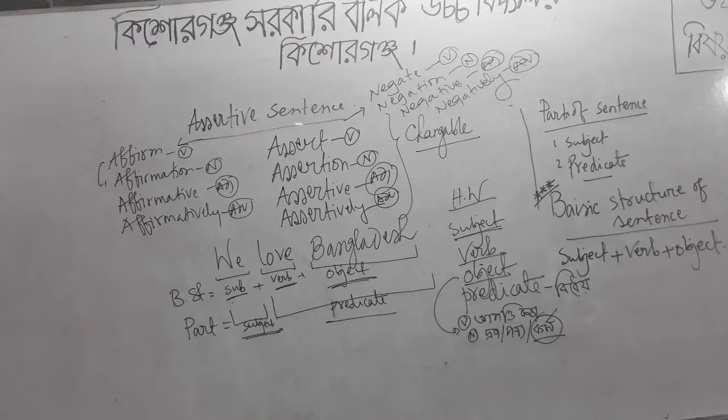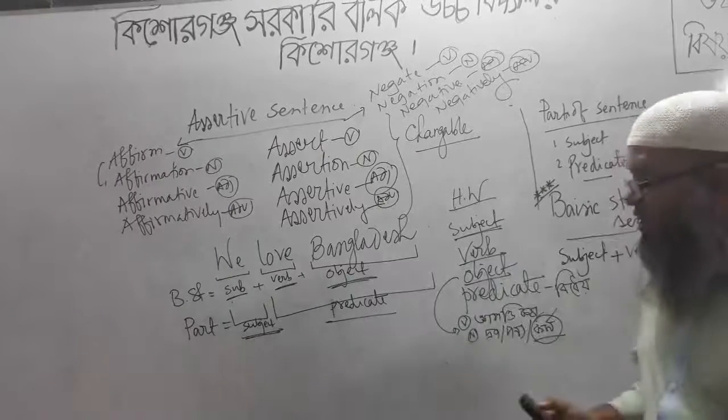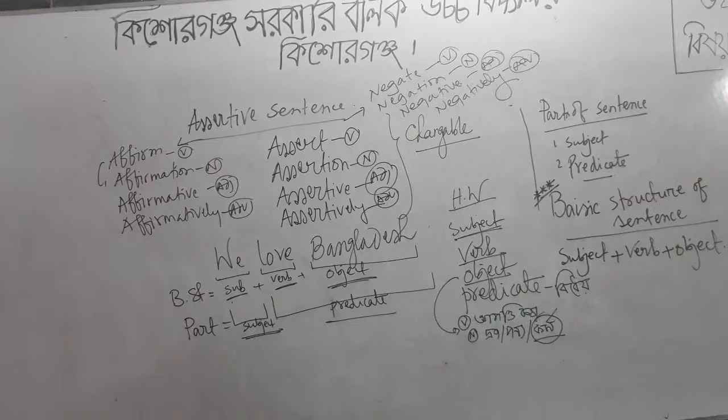And assertive is divided into two parts, as I have already told you. Affirm is a verb, to ensure something affirmatively, and then affirmation and affirmative; affirmative is an adjective, affirmation is a noun, and affirmatively is an adverb.